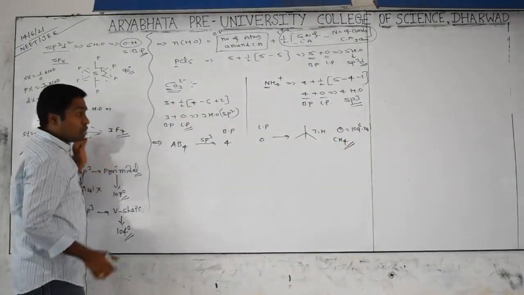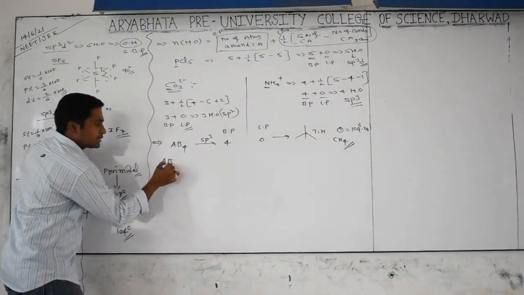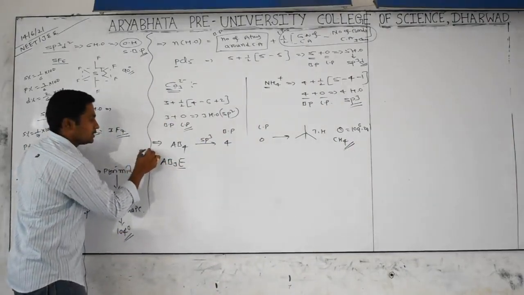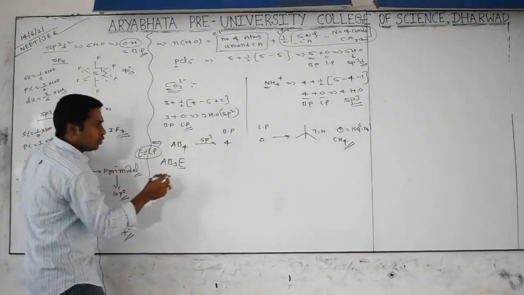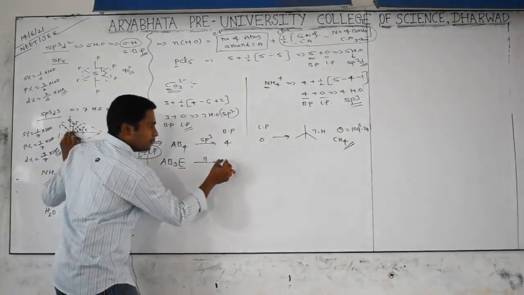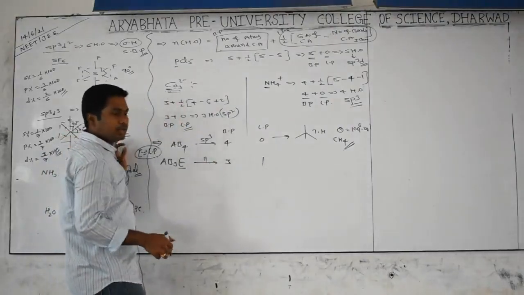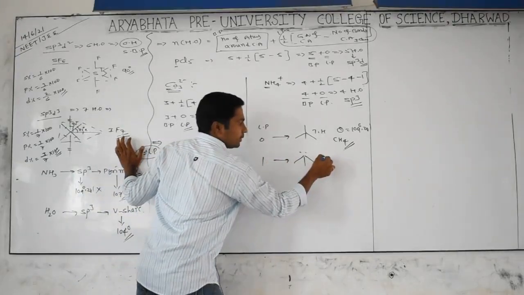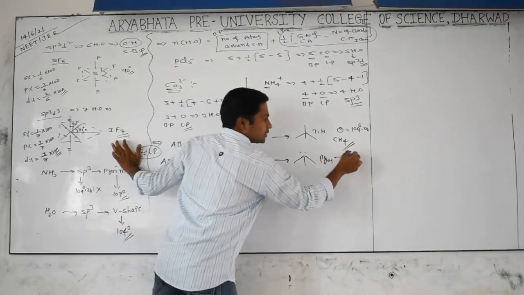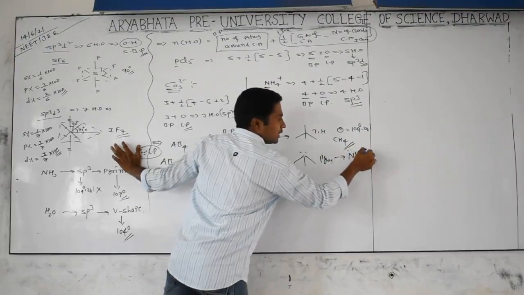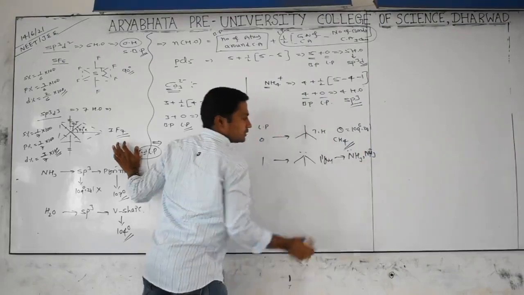Next, I will show AB3E. E represents the number of lone pairs. Even though it also participates in sp3 hybridization, it has 3 bond pairs and 1 lone pair. Cut one bond, and you get pyramidal shape. Examples are NH3 and NF3.